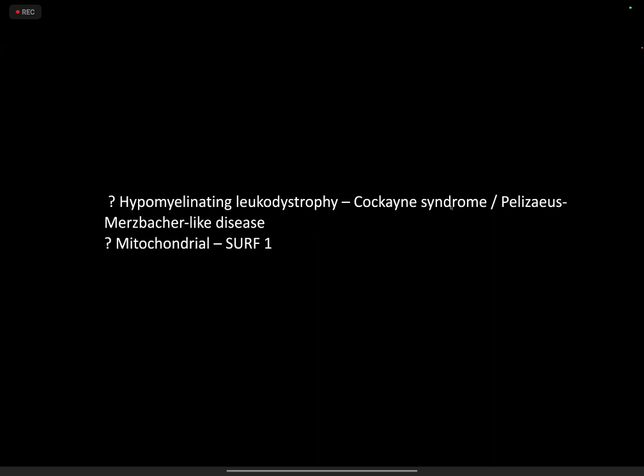Not seen in hypomyelinating leukodystrophies, no calcification for Cockayne syndrome, not typical for Pelizaeus-Merzbacher, and I don't think it fits into a mitochondrial SERPON mutation. Any further questions, Krishnapriya, regarding the case?